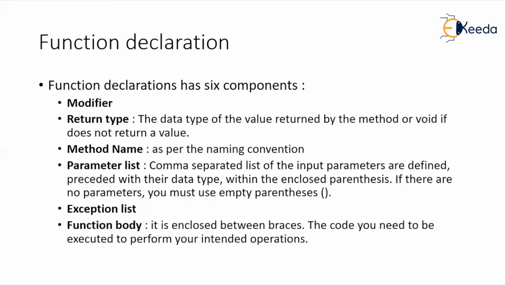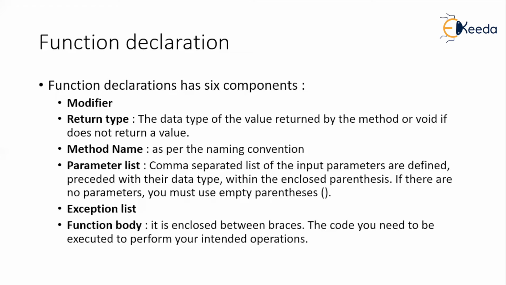Then exception list. So if any function is throwing an exception, now what is an exception we have not yet discussed. We will be discussing in forthcoming sessions, but exception is any unexpected condition. So if your function is handling that, then that will be considered as an exception.